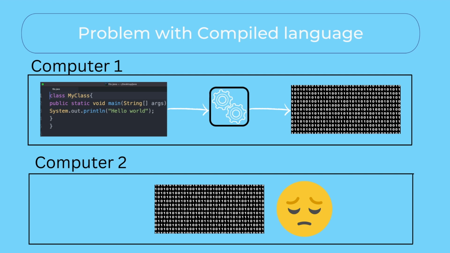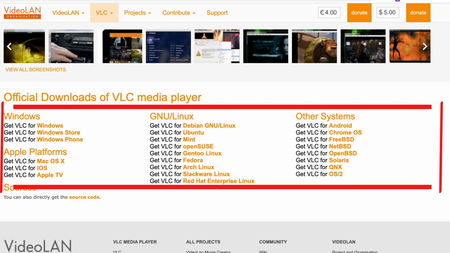So the problem with simply compiled languages is that they might not work on different systems. If you want to truly run those programs on different operating systems, you simply need to share your source code and compile it on that system, or you need to build and share the executables for every single platform, right? So that's the problem with just the compiled languages like C and C++.